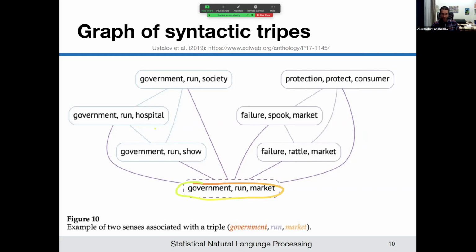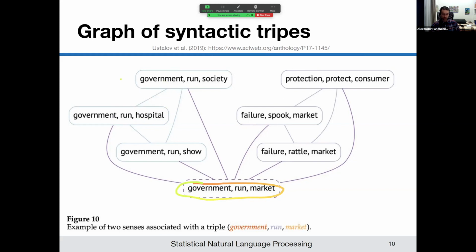Maybe the government performs some kind of protection, or administration, regulation of a market, and then maybe the government just performs some operational management of something.